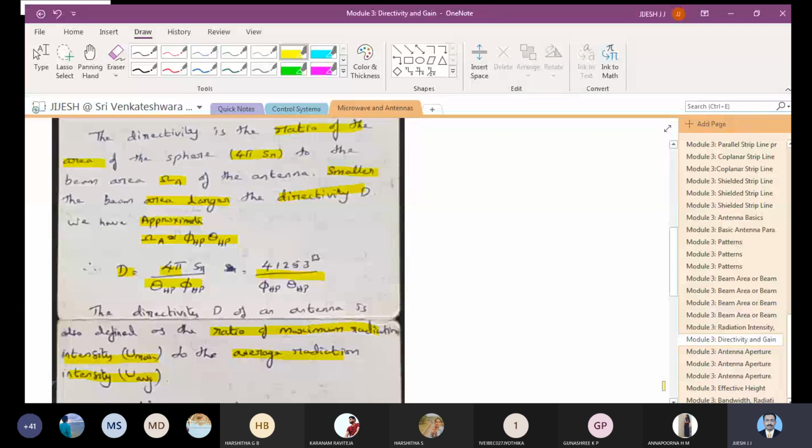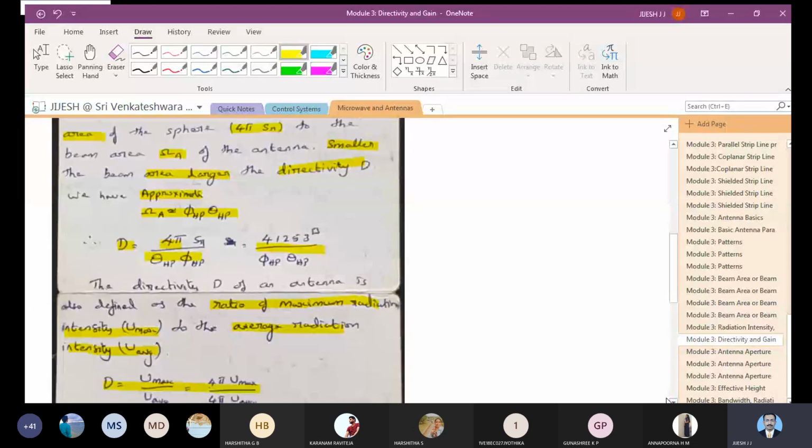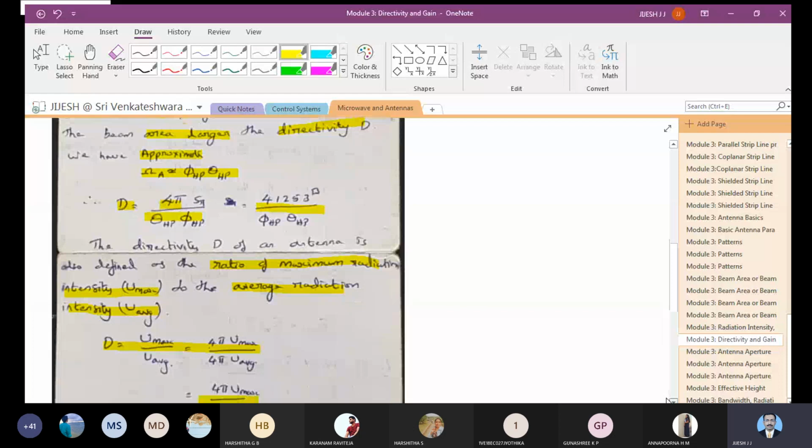So these are the few equations in order to find out the directivity. So we will stop here with the directivity. You can all note down these equations. We'll be starting with gain and subsequently antenna aperture and all those things in the upcoming classes.